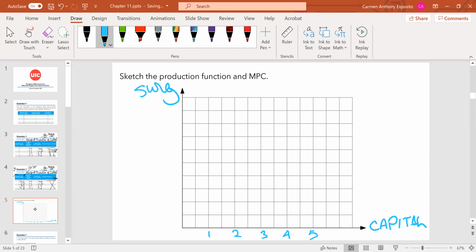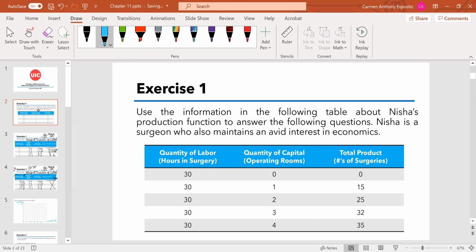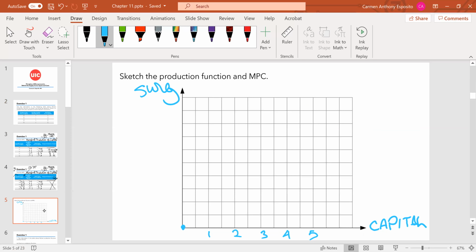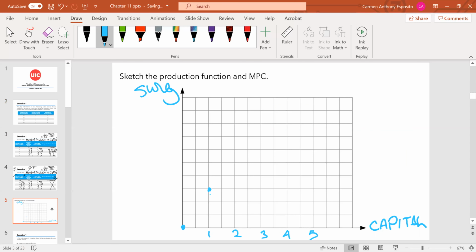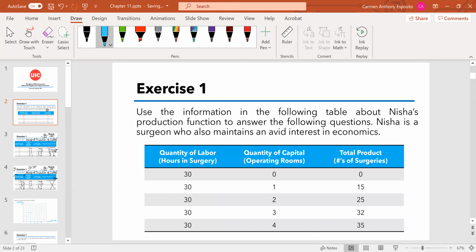Sorry, my writing's a little sloppy. And it makes sense that as you increase the number of operating rooms, the number of surgeries should increase, right? Sorry, I'm just trying to draw this to scale.